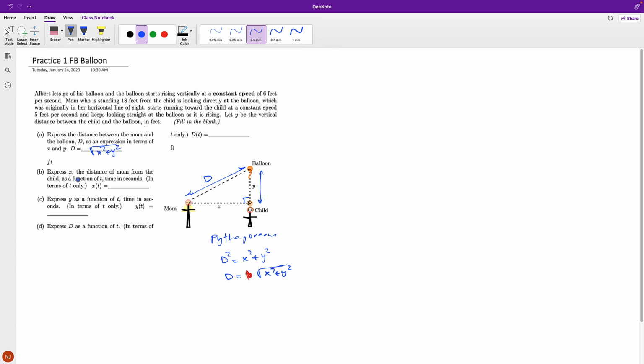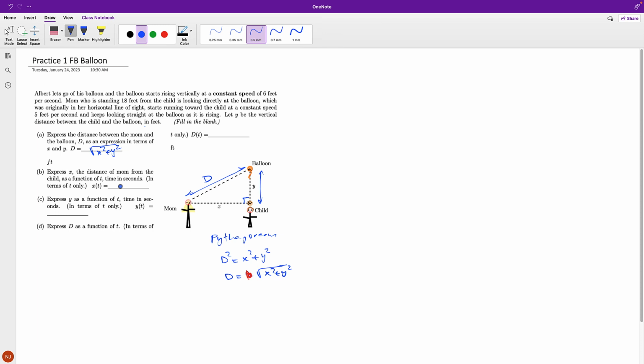The next thing is telling me to express x, the distance of mom from the child, as a function of t, time in seconds. That means in terms of t only. So how do I do that?